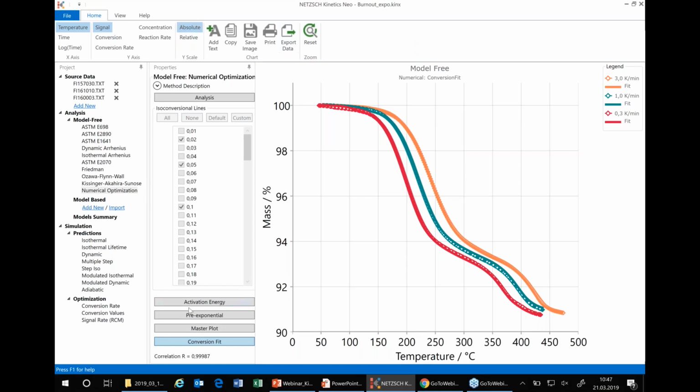Let's see how to optimize our sintering process, our debinding process below 700 centigrade.